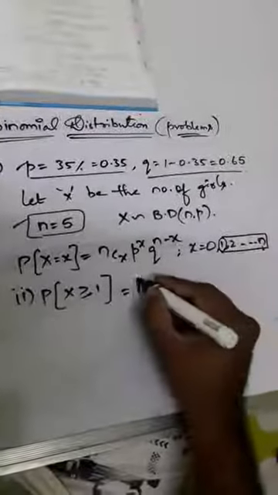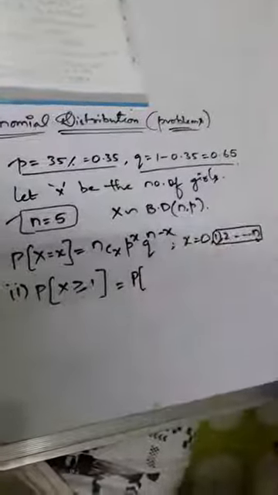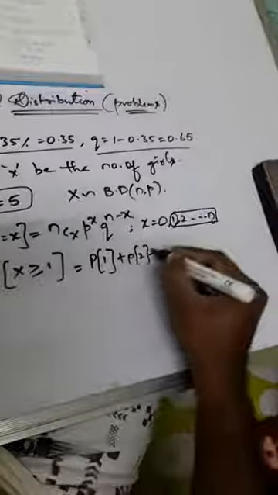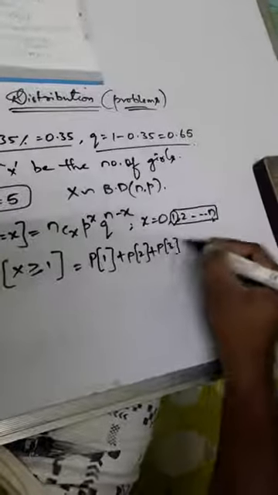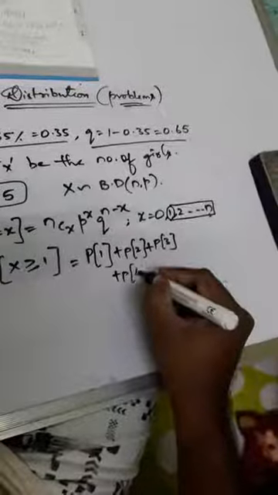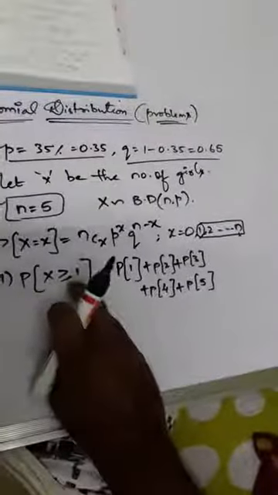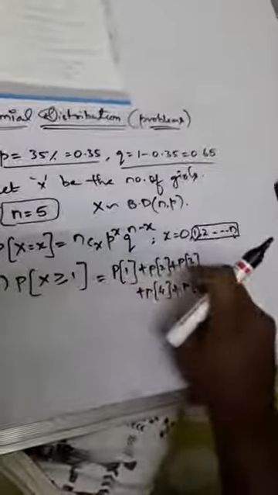That means probability of 1 plus probability of 2 plus probability of 3 plus probability of 4 plus probability of 5.